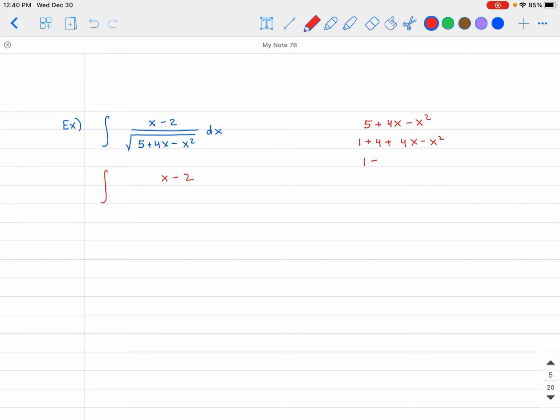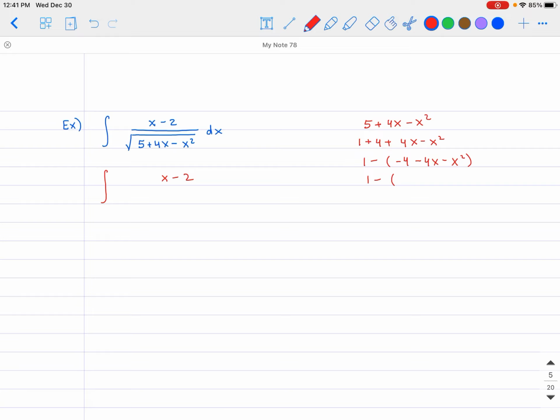Okay, so 1 minus in parentheses. Let's see, does that work out in this case? 1 minus in parentheses, so I'm going to say minus 4 minus 4x minus x squared. Ooh, that actually does not look that nice, but let's see what happens. So it's 1 minus in parentheses.